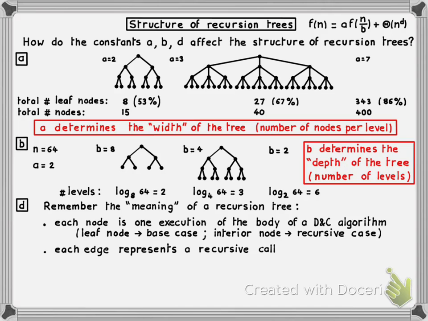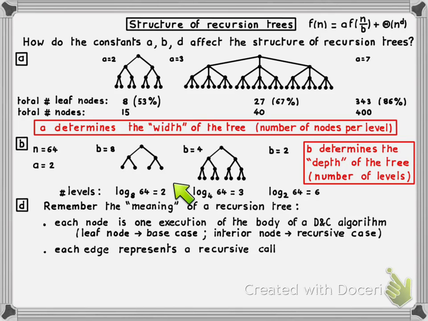So the question is, where does the constant d come into the picture? Well, for that we have to think back about the runtime of the algorithm. First, we have the runtime of the base case execution. That's typically a constant. We can just call that c. So the work done at every leaf node is just the constant c.